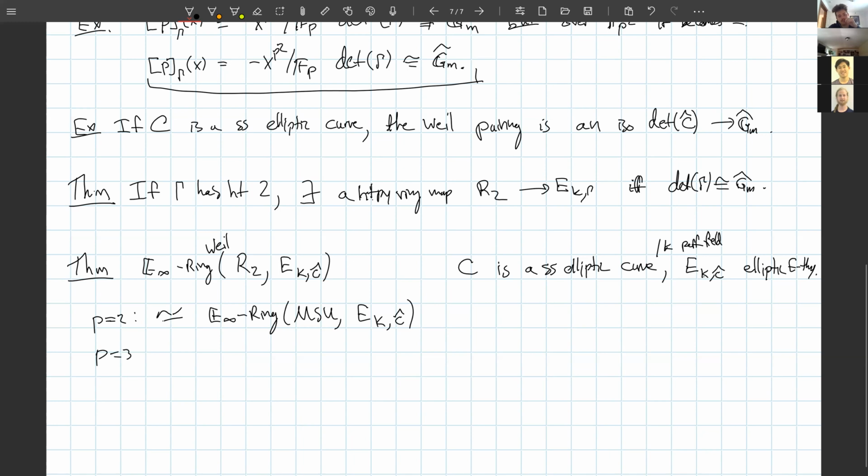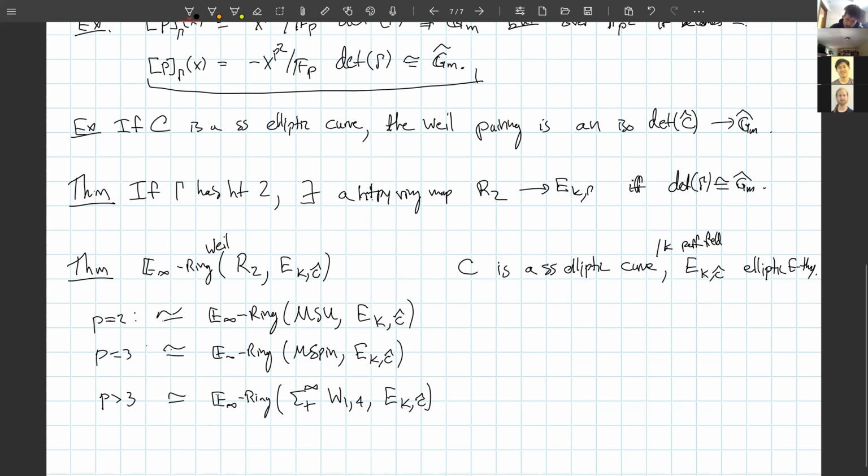When p equals 3, it's equivalent to E-infinity ring maps from M spin to E_K(C hat). And when p is greater than 3, it's equivalent to E-infinity ring maps from the pointed suspension spectrum of some particular Wilson space to E_K(C hat).